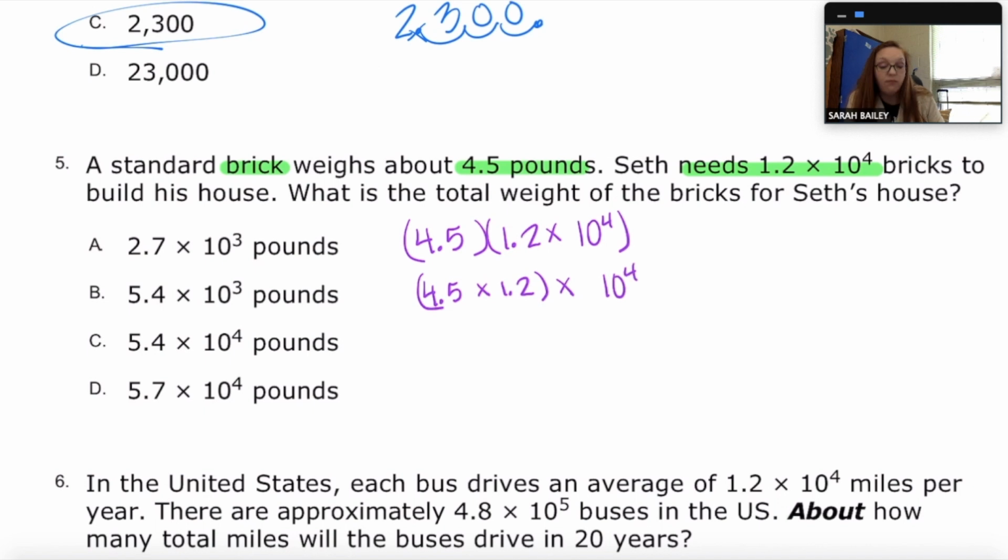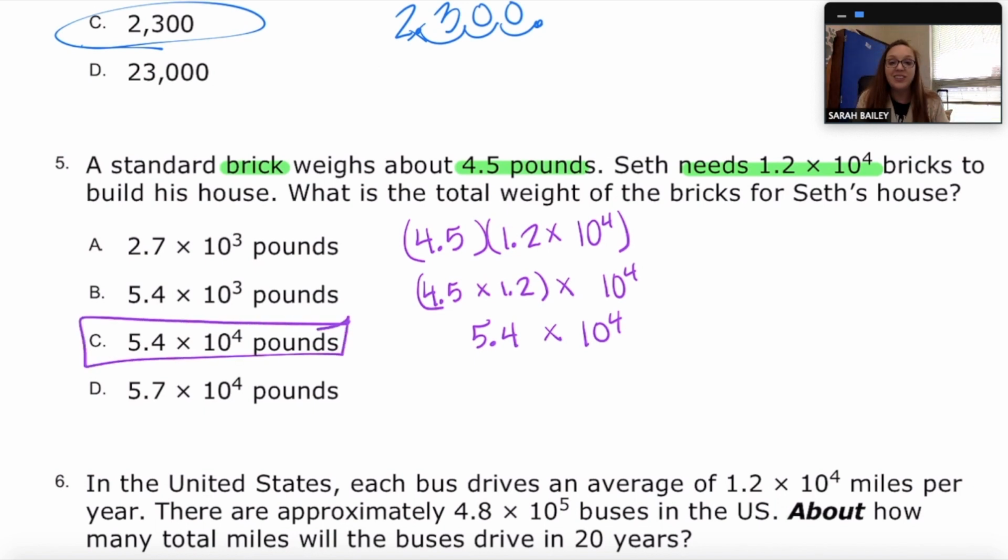So I'm just going to have times 10 to the 4th. All right, so I'm going to do 4.5 times 1.2, and that gives me 5.4, and then all I got to do is bring down the times 10 to the 4th power. And I can see that number is already in scientific notation, and that is answer choice C.